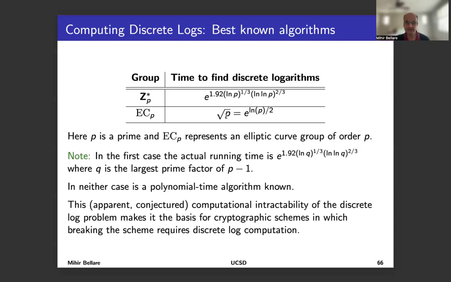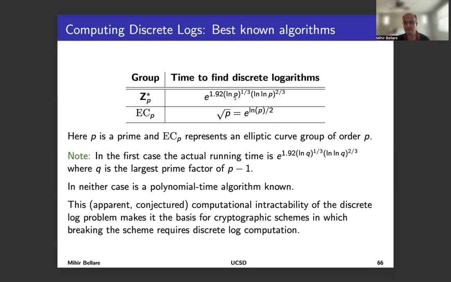So if you plug in numbers, you'll find that for small values of p, you really see an appreciable difference between these two formulas. But nonetheless, for large enough p, this gets high enough to be prohibitive. Now, there's some details that may be worth knowing in case they arise, which is that this is not true for all p.